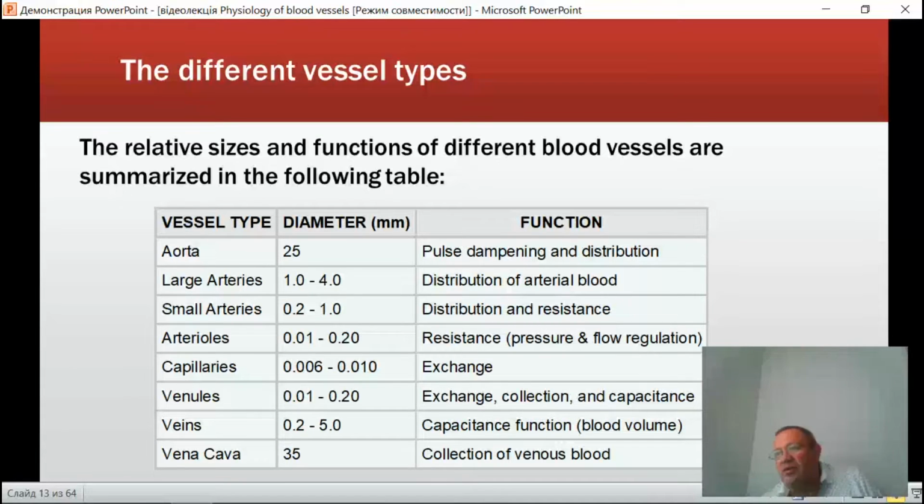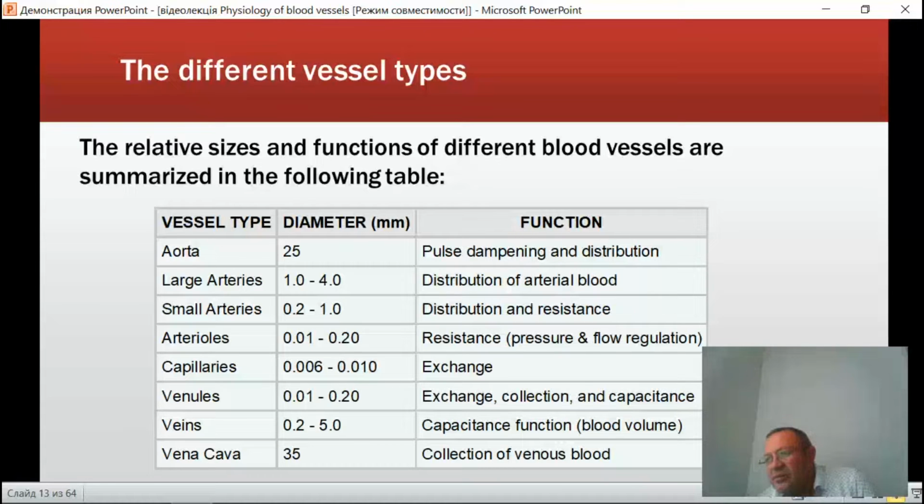Starting from aorta, near 25 millimeters in diameter. Function: pulse damping and distribution. Large arteries, diameter from 1 to 4 millimeters. Distribution of arterial blood flow is the main function.